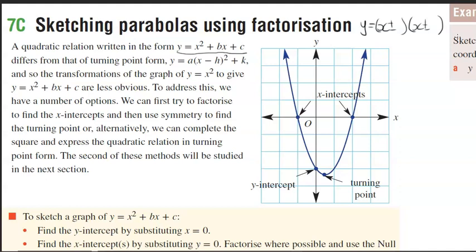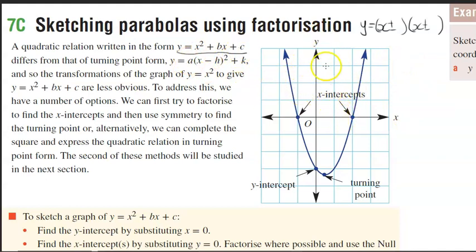That's the first option. Alternatively, we can complete the square and express the quadratic relation in turning point form. The second method, the latter, is the one we're going to study in the next part.